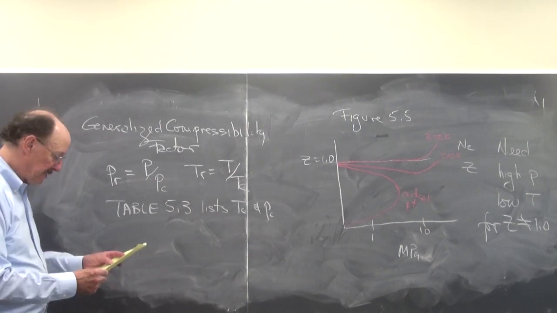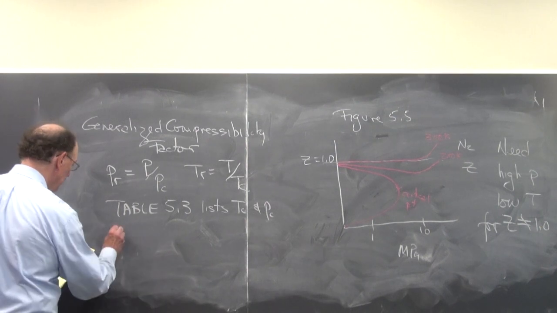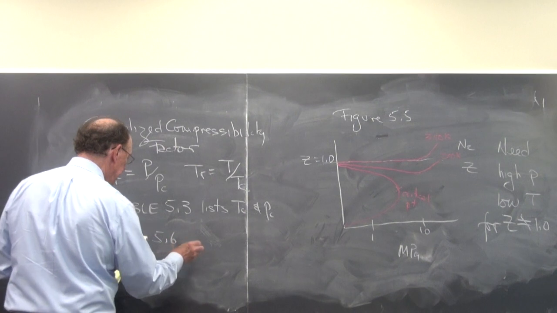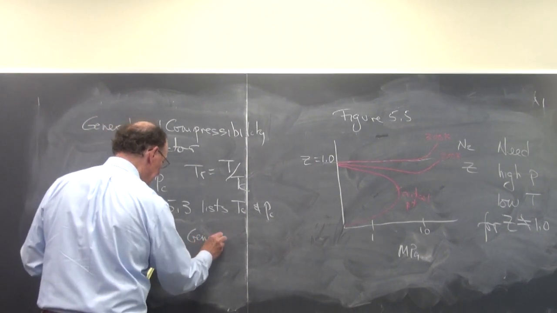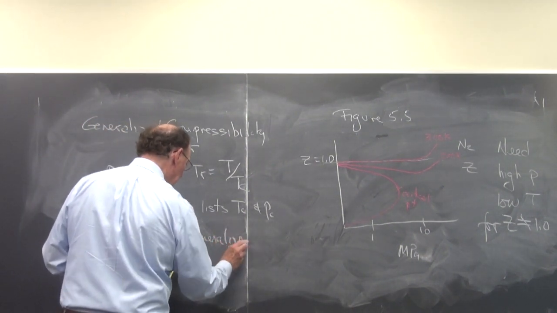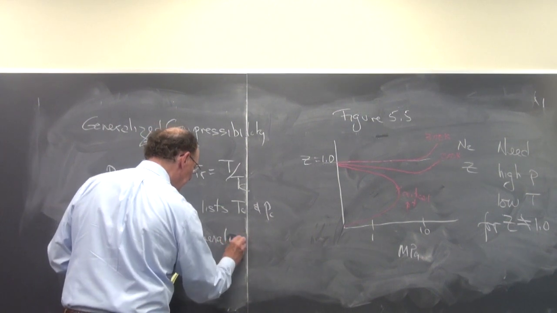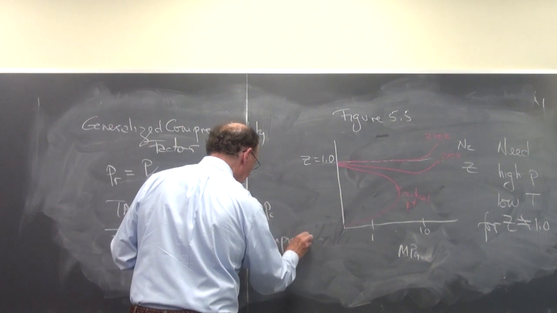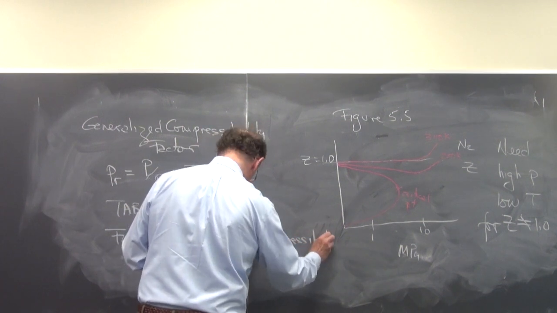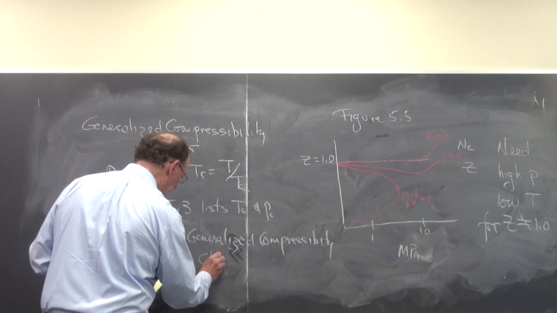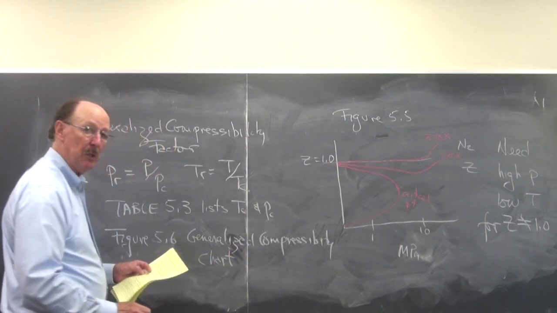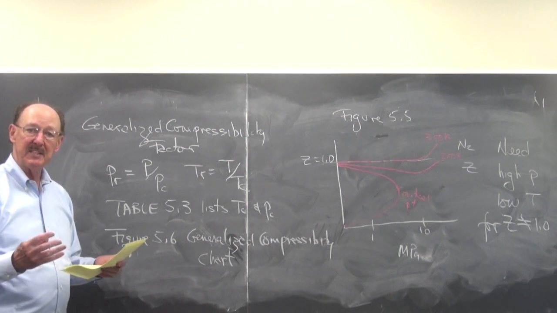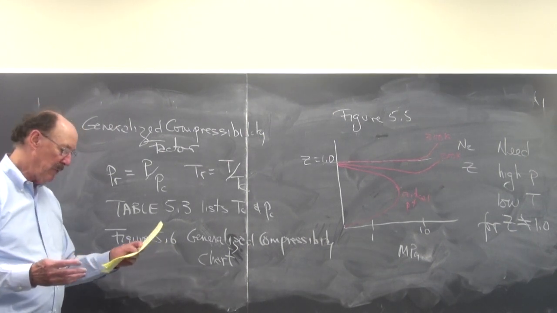Figure 5.6 is the generalized compressibility table. I also uploaded one that's a little easier to use in Blackboard, so you can access that as well. And so, we have that.